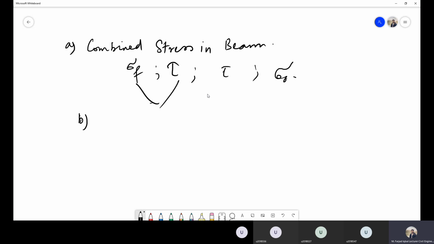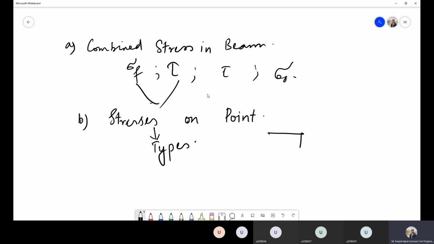The second thing that we are going to study is the state of stresses acting on any particular point in a beam element or any element. We will study the different types of stresses that are acting on any point.